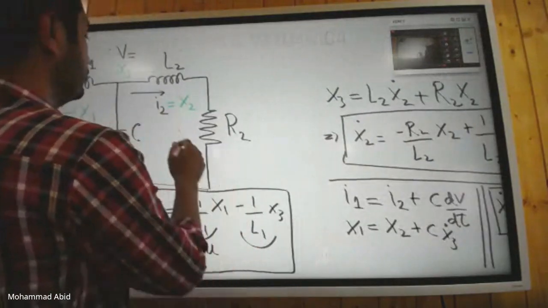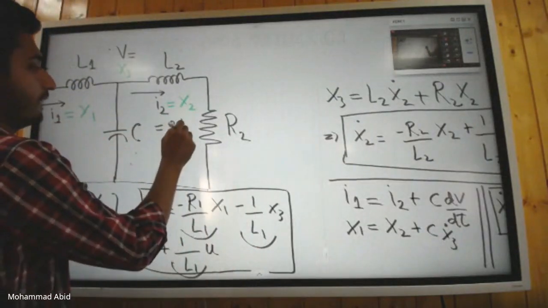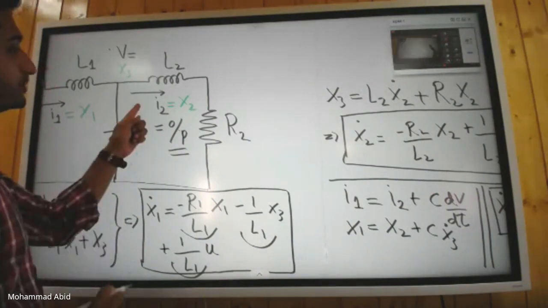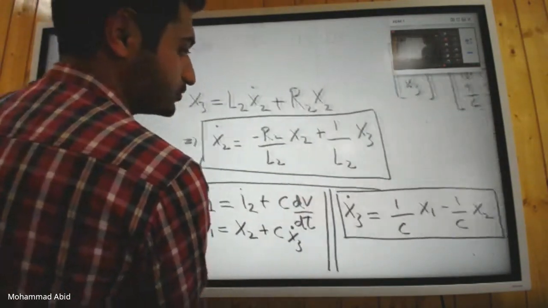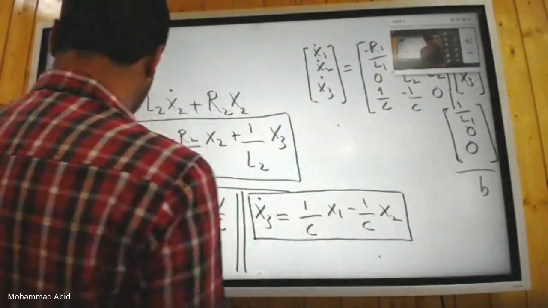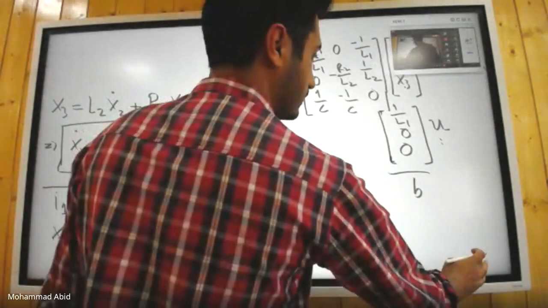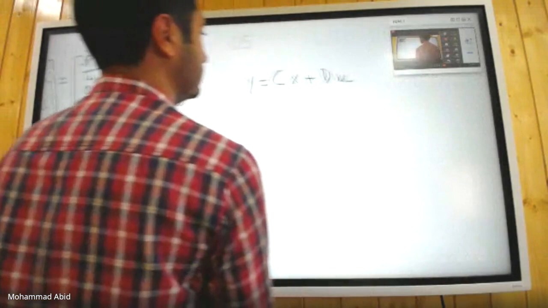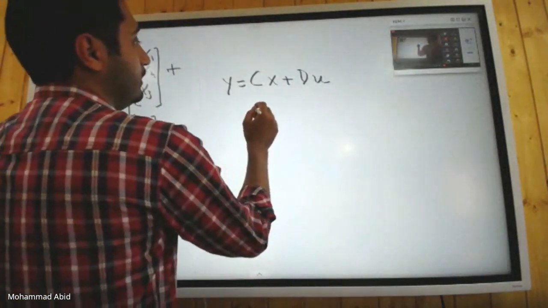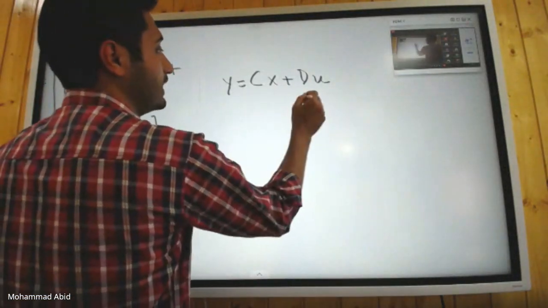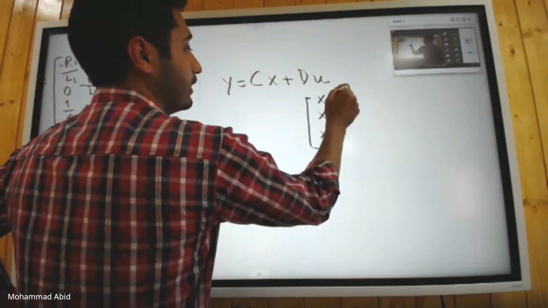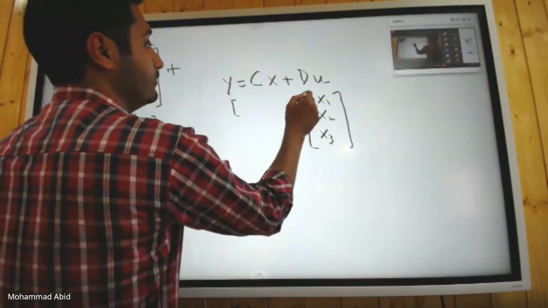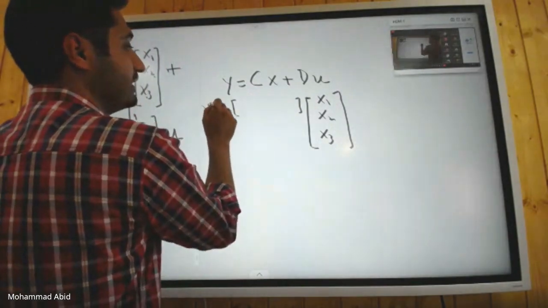This I2 is the output, and I2 is nothing but x2. So your x2 is the output. Let me just move it here. Okay. So instead of x, I first write x1, x2, x3, and your output is nothing but x2.